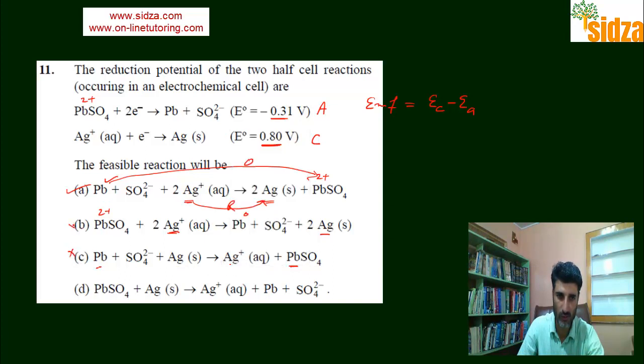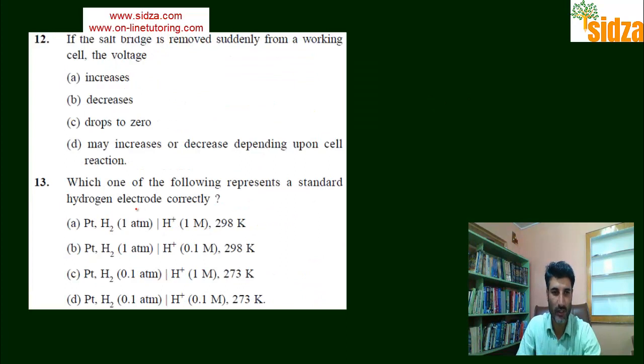Lead 2+ into lead is reduction, so again this is wrong, and silver to silver ion is again not possible. This reaction will be non-spontaneous, because the EMF in this case will be negative, which is not possible. So option A.